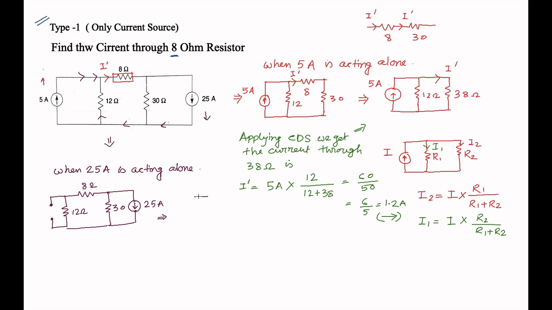So 8 and 12 are in series, so this is the 20 ohm, and again this is 30 ohm, as it is you can write 30 ohm, and this is your 25 ampere, and the direction of current is, if we place this resistance over here, then the resistance is like this.